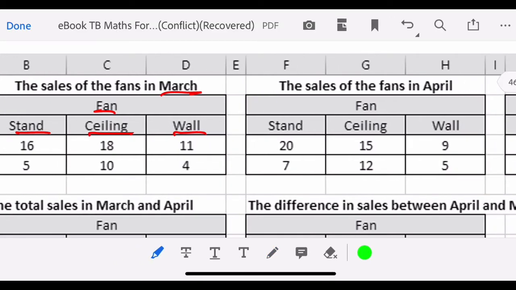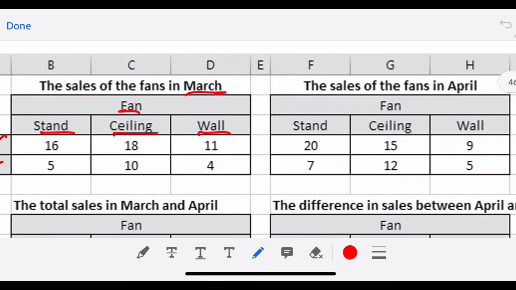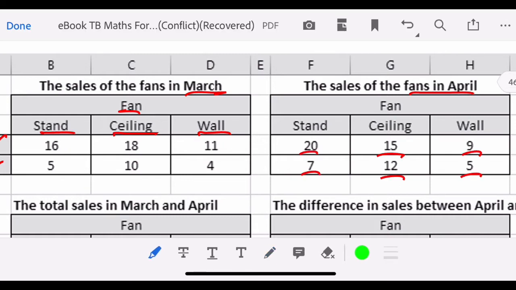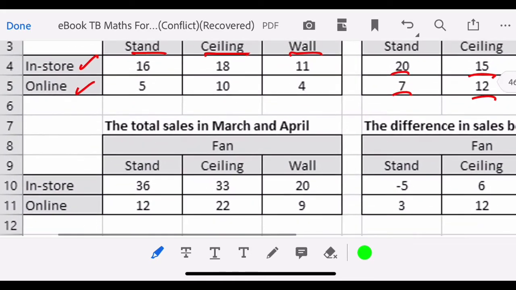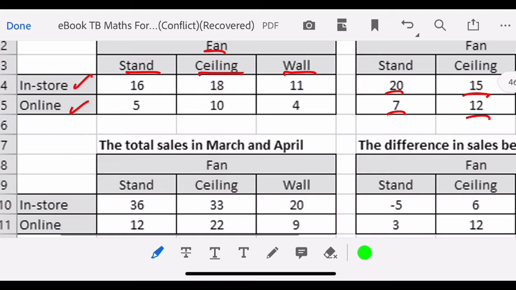So this is the sales of the fans in April. So it seems like stand increases, ceiling 15 and wall 9, and stand 7, ceiling 12 and wall 5. So when it comes to the total sales in March and April, we will add, isn't it?